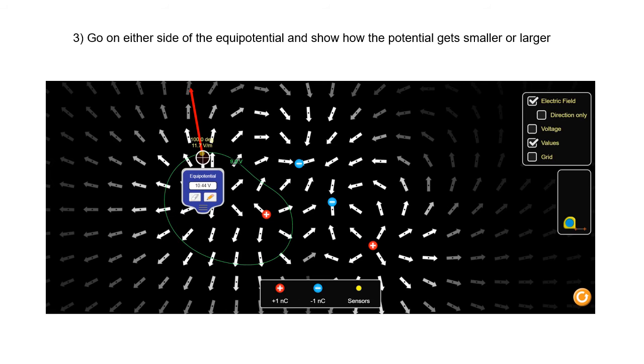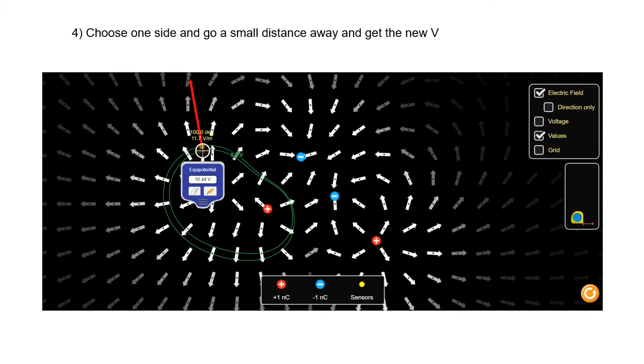And you can get what these values are based on knowing the electric field. Remember, if you go around the infinitesimal circle, you can get the new value of the potential at that new point. And so then you can do the whole procedure again. Once you know the potential here is 10.44 volts, by taking the dot product between electric field and the displacement vector, you can now map out every point where the potential is 10.44 volts, which is this other contour.